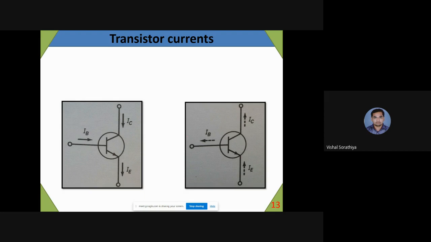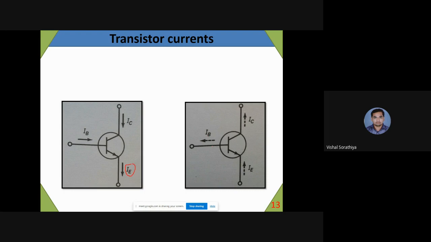There are two currents we can assume over here. IE is the summation of collector current plus base current: the amount of current entering the base and the amount entering the collector together become IE.